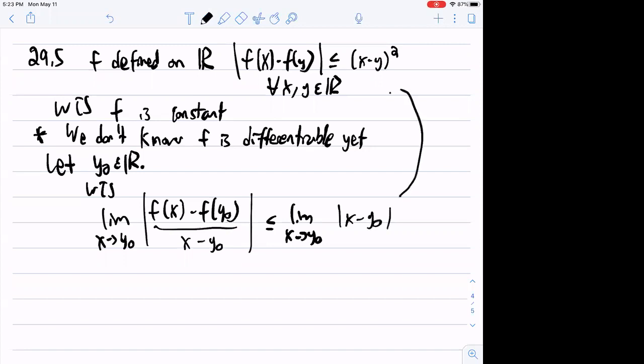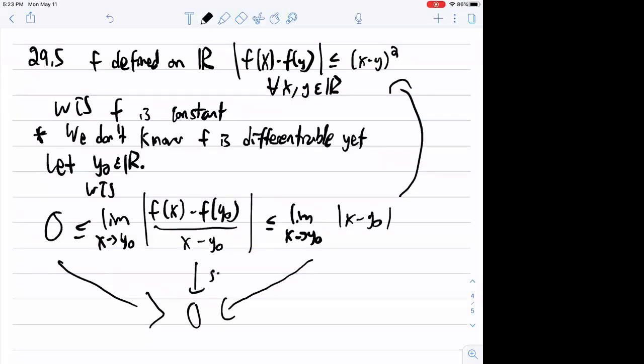If I just divide out by the absolute value of x minus y, we have that property, right? On the other hand, if I take absolute value, I'm always bigger than or equal to 0. Agree? So this thing goes to 0, right? If you plug in y naught for x. So this goes to 0 by squeeze theorem.